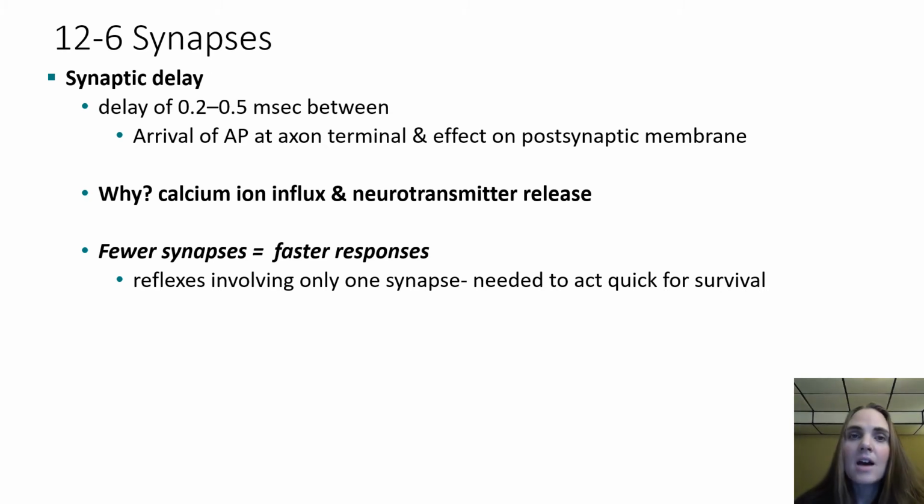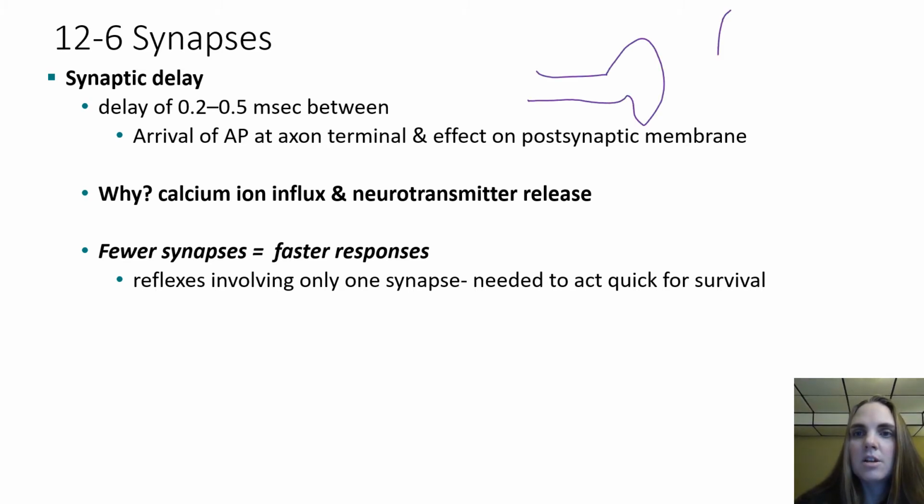So we can have what's called a synaptic delay, which is basically a delay of between 0.2 and 0.5 milliseconds between the time that an action potential arrives at the axon terminal and the effect happening on the postsynaptic membrane. So once again, my poor drawing. So here's our axon terminal. Here's our postsynaptic membrane that has the ligand-gated channels.